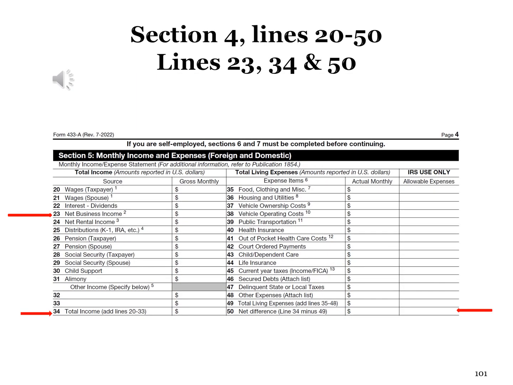The net amount of business income from line 89 is then carried back to page 4, line 23, and from there, the total income from lines 20 through 33 is totaled on line 34, with the expenses from lines 35 through 48 subtracted out on line 49, and the net difference is placed on line 50.